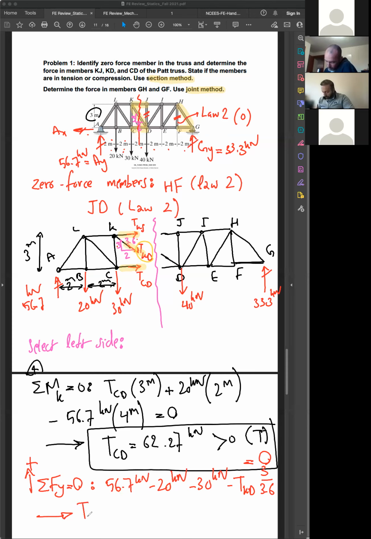From this, TKD would be equal to 56.7 minus 20 minus 30, which is 6.7, times 3.6 over 3, which would be 8.04.